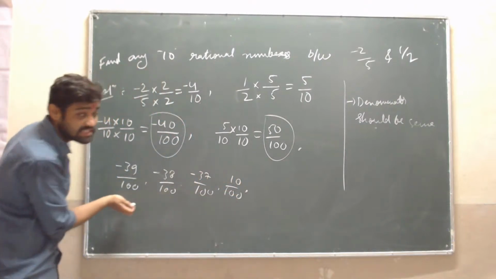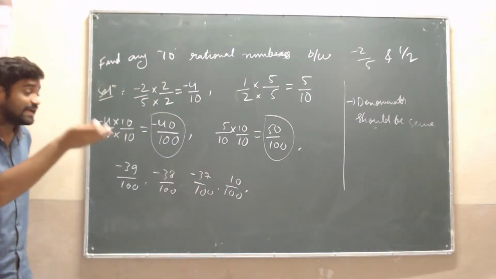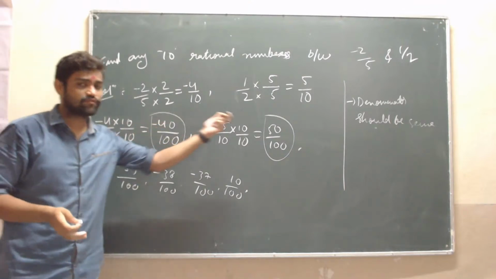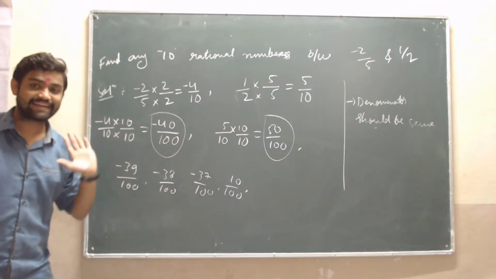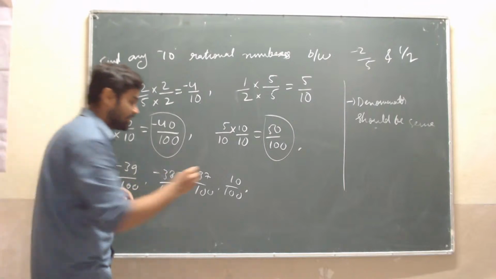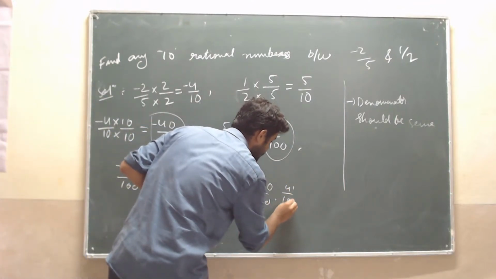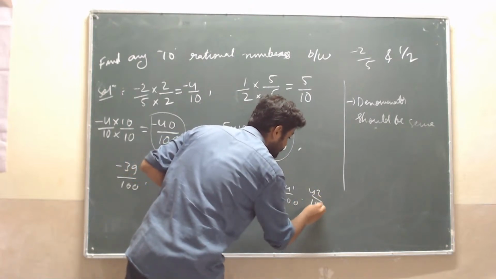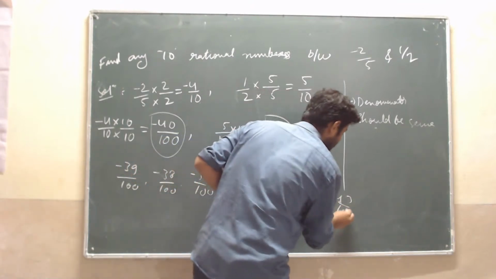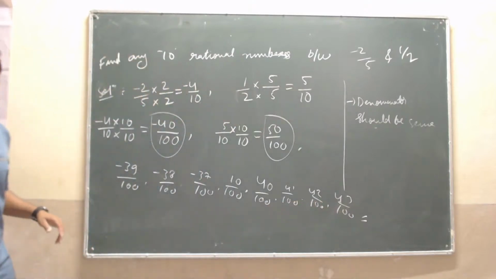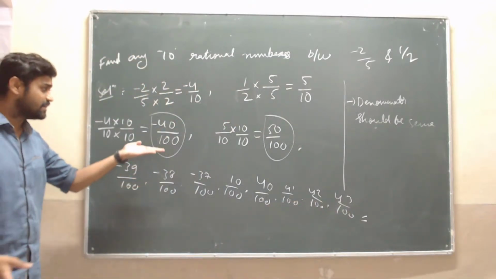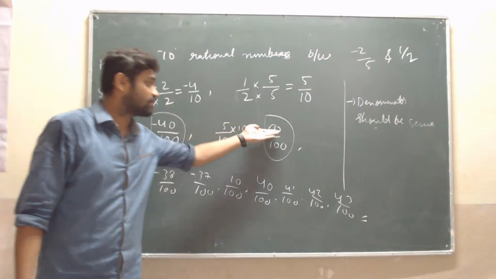The denominator should be the same here, and the numerator should increase from minus 40 to 50. In this problem, you have to write 10 rational numbers: 40 by 100, 41 by 100, 42 by 100, 43 by 100. We have to write 10 rational numbers between minus 40 by 100 and 50 by 100.